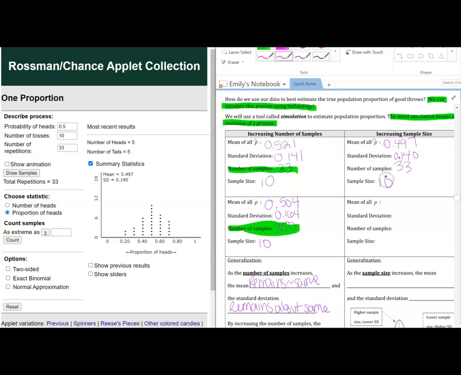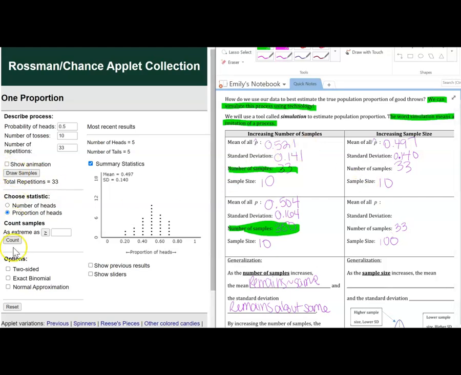Sample size was 10. Now let's change it where I'm going to keep the number of samples at 33, but let's increase the sample size to 100. So I'm increasing the number of baseball players per sample, which I realize out of 200 baseball players is like half your data, but still, let's just say I increase the sample size to 100.